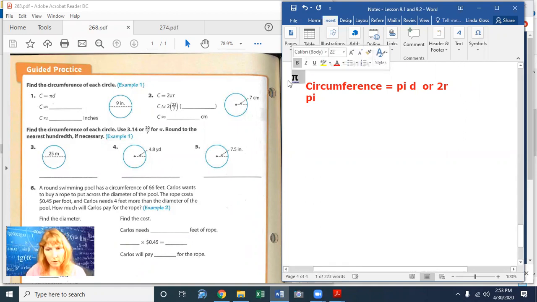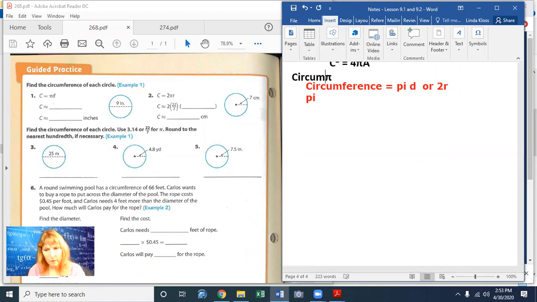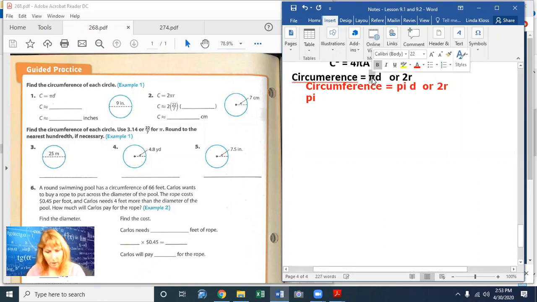And actually, I'm going to write this word. Circumference is equal to pi times diameter, or 2r and then pi. Let's put the little pi over here, and then I'm going to get rid of the red part.